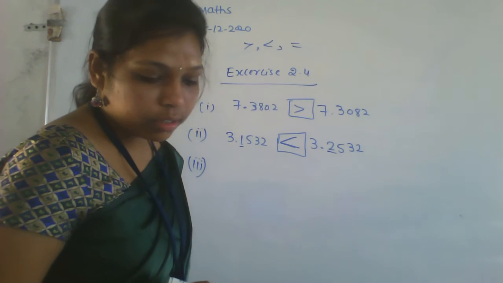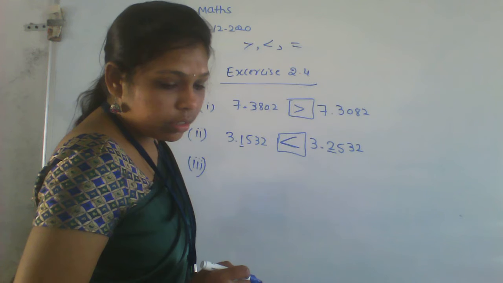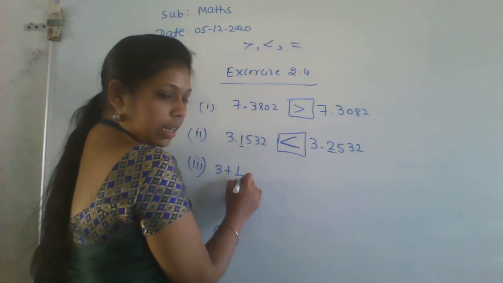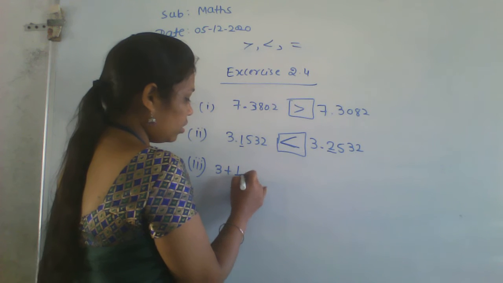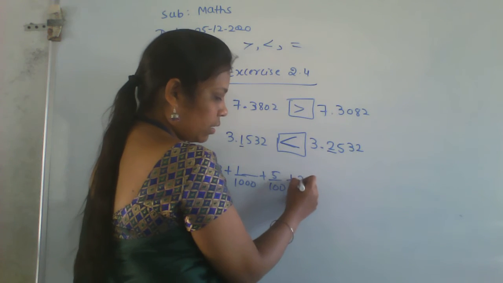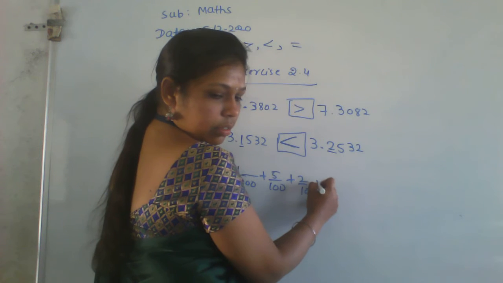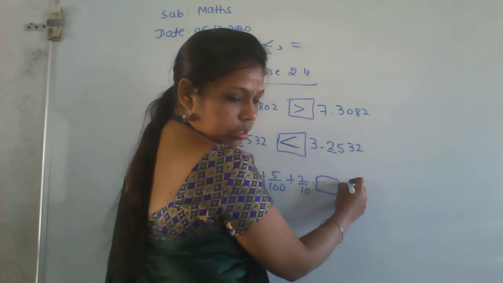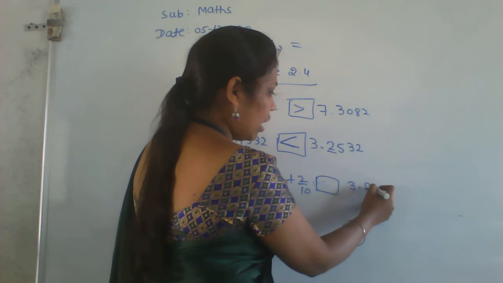Third one, 3 plus 1 by 1000, 5 by 100 plus 2 by 10. This is nothing but 3.152, and here 3.251.